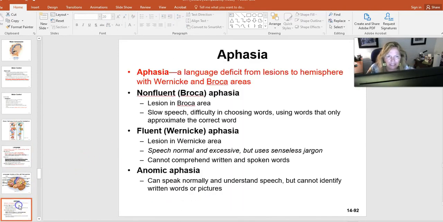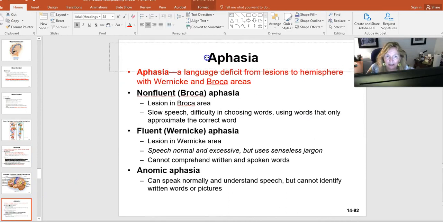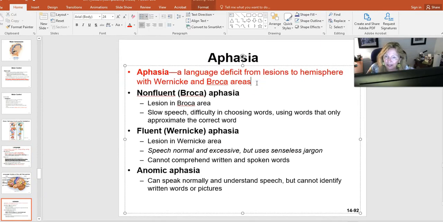Again, aphasia is a language deficit, and it can be because of Broca's or Wernicke's. Non-fluent means you're going to have slow speech, and that's what it affects. Fluent aphasia from Wernicke's means the speech might sound normal, but it's usually senseless jargon because you haven't been able to plan it.